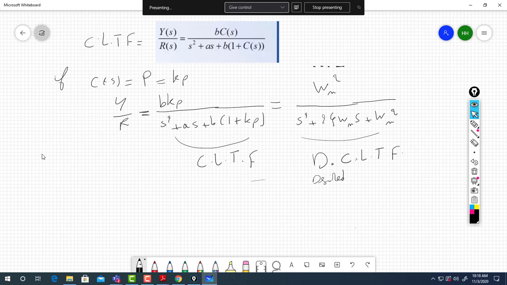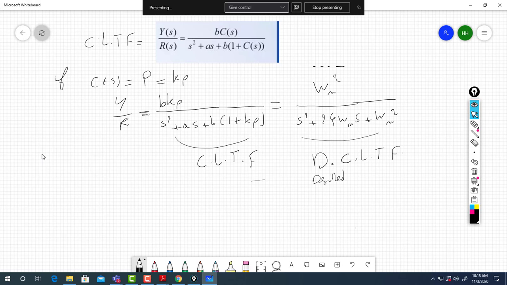I desire a closed loop transfer function that gives me zeta and omega n equal to some values that I know, and I derive them from my design requirements, settling time, overshoot, and so on. I can find zeta and omega n, and this becomes my desired closed loop transfer function.